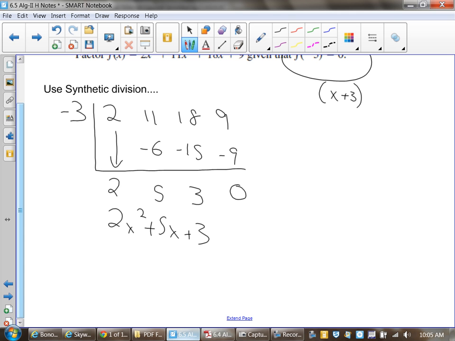So what's happening here is that you know you have a term of x plus 3 because your 0 is -3. So I know this is my 0, so this is my term. When I synthetically divide out by that first 0, it's giving me a smaller chunk to work with. That smaller chunk is usually going to wind up being a trinomial.